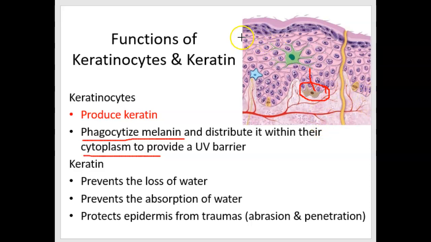And so the keratinocytes will have this nice UV barrier distributed within their cytoplasm, and more accumulates as they progress to the surface, and that provides UV protection for us.